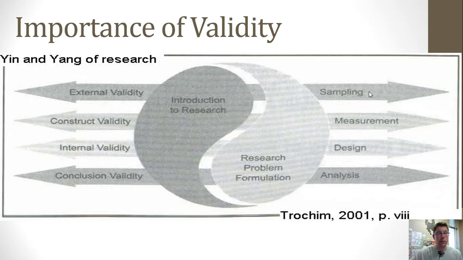Probability sample, that raises your external validity. Construct validity: are you actually measuring the construct you intend to measure? If you want to measure depression, does the scale you selected actually measure depression? So this deals with measurement. Construct validity: are you measuring what you intended to measure?